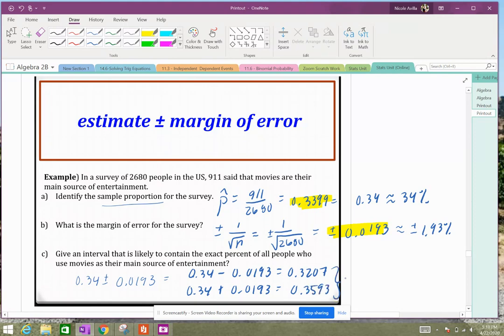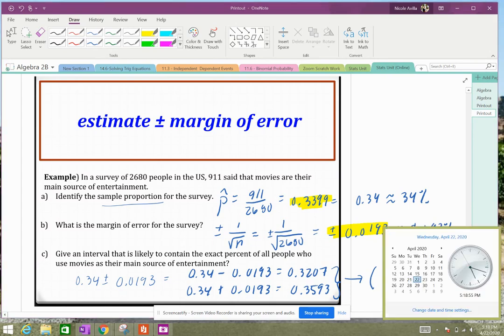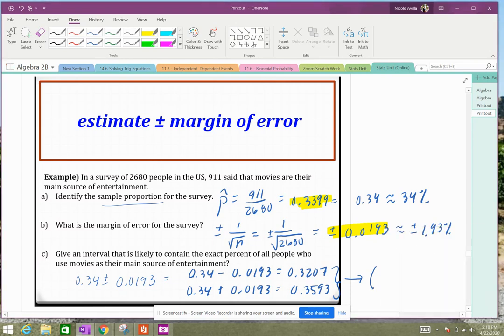So collectively, I could say my interval is between 0.3207 to 0.3593. I could write the same thing as percentages.